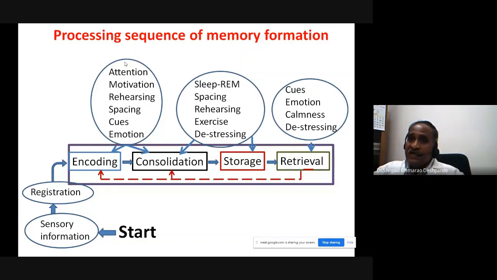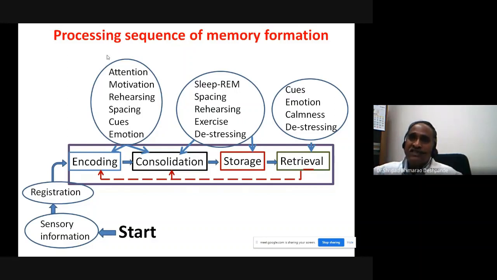Now if you are rehearsing loudly, there are two components. One, you say it loudly, the vocal cords are activated more. The second point, the sound produced echoes back into yourself. So if you want to rehearse, do it loud so that it is encoded two times, once by thinking and once by auditory input.